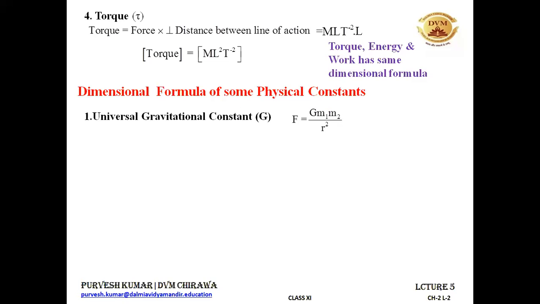All right. So take G to one side and all the other quantities to the other side, so that we can find the dimension for this G. So this implies that G is equal to F r square upon m1 m2. When you cross multiply, F with r square, and m1 m2 you put in the denominator. So you got the formula F r square upon m1 m2.